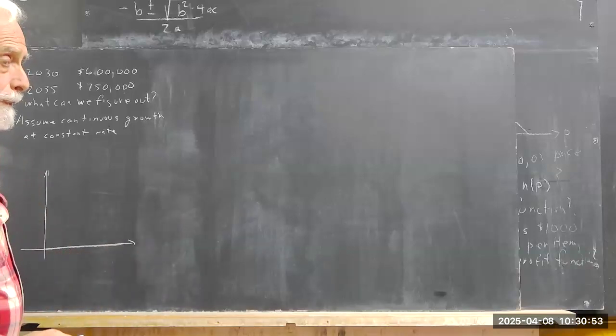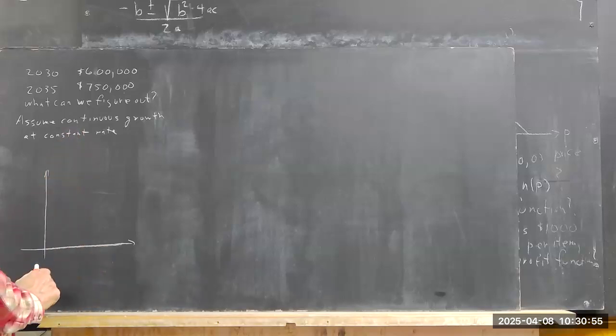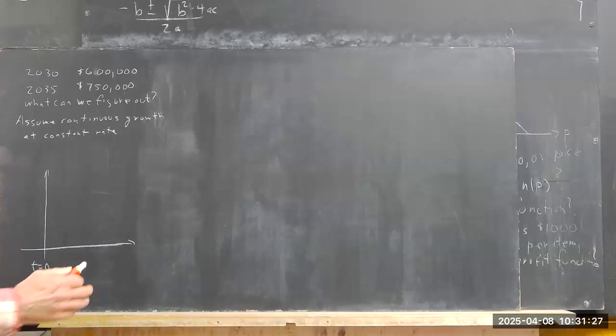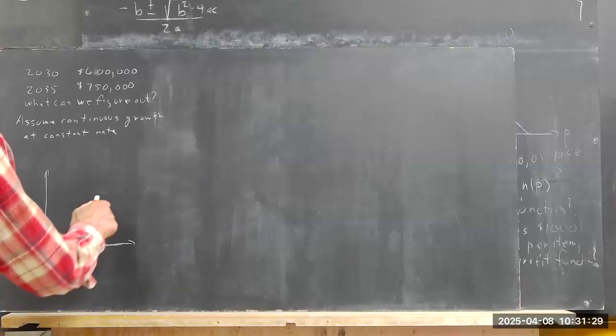Information on the graph. Now, today, it's 2025, right? And we're talking about 2030 and 2035.